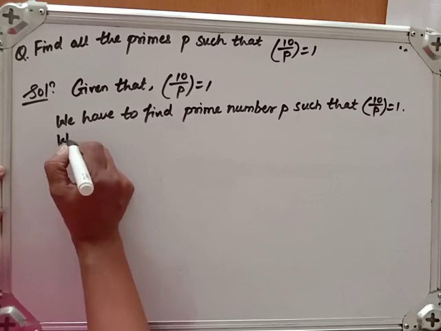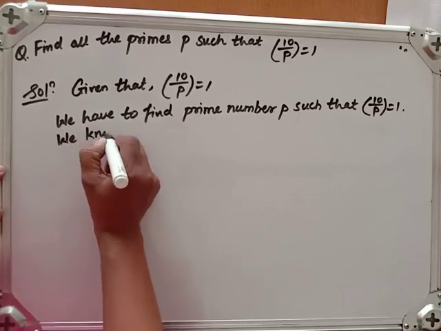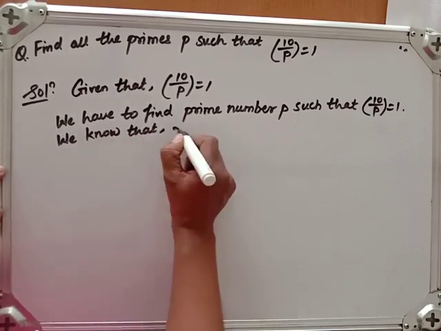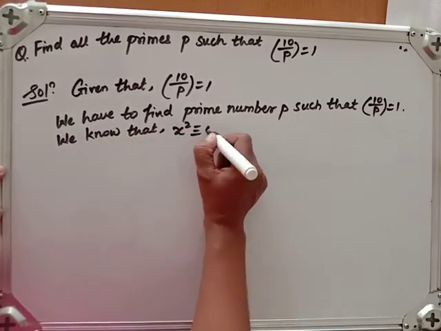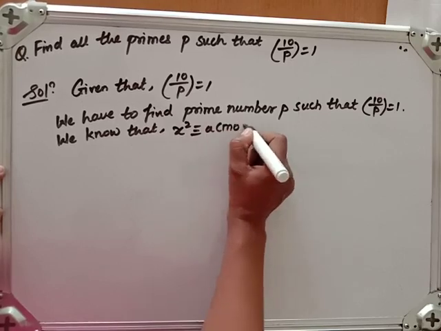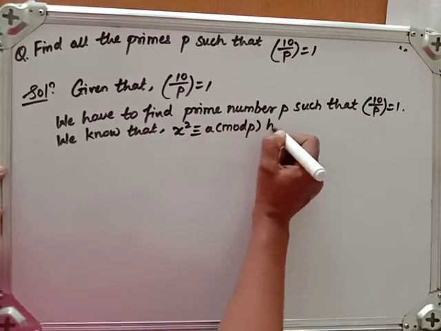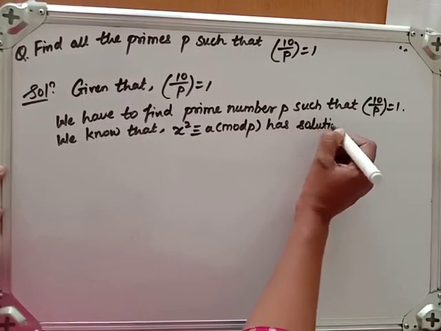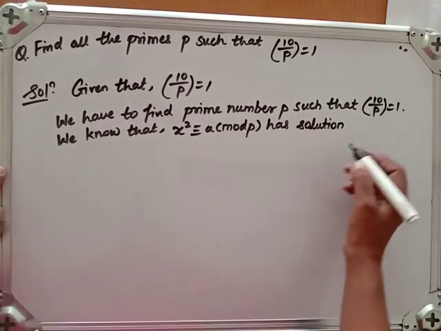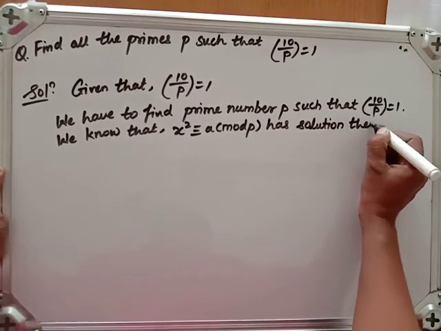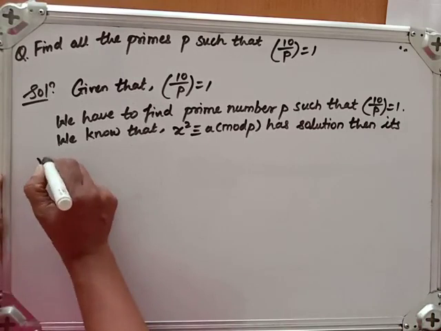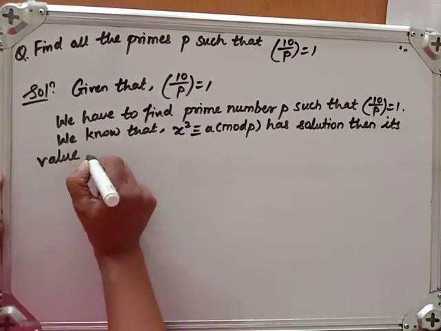We know that if x square congruent to a modulo p has a solution, then its value is 1.